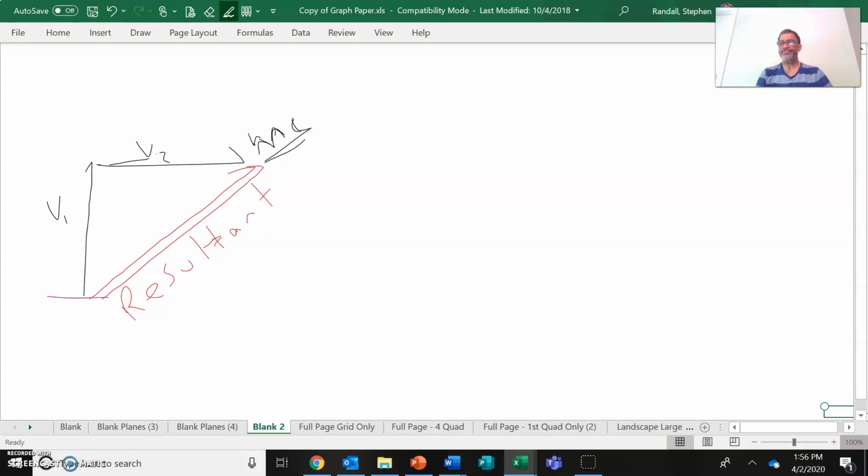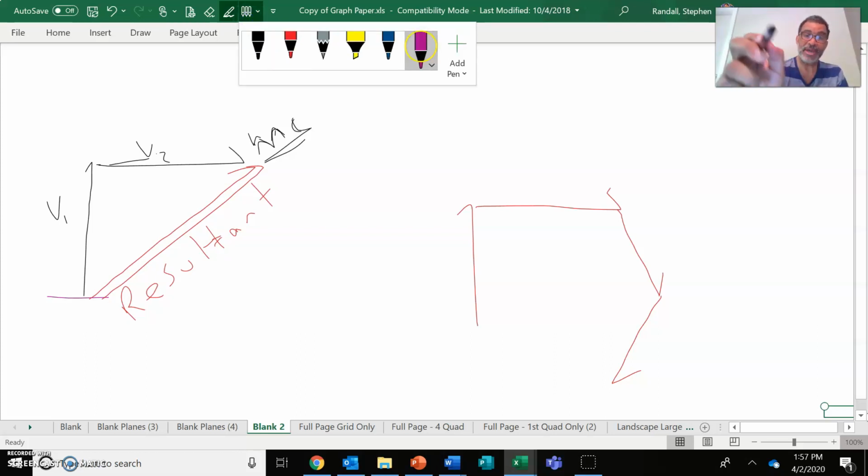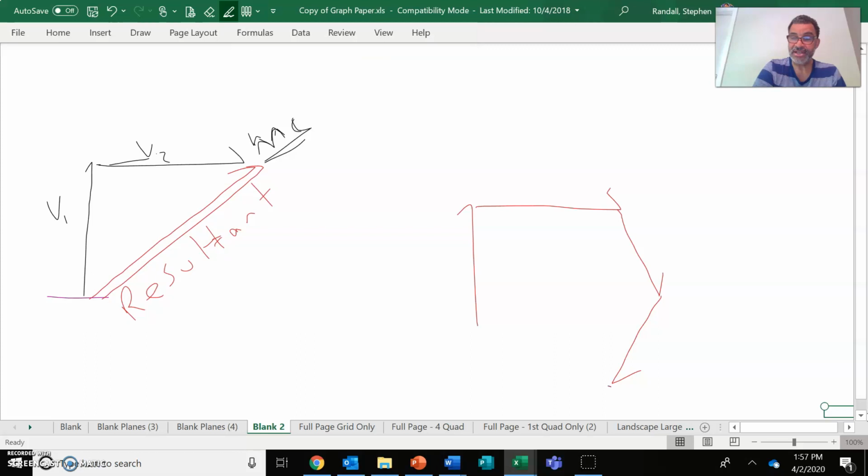Now, why is that important? Or how will people make mistakes with that? Oftentimes, if I'm adding vectors, let's take this vector, and then I put this vector together, and then I can put a third vector here, and a fourth vector there, and I want the resultant. The big mistake people make is if this is the resultant, they just close the figure, and they have the resultant going that way.